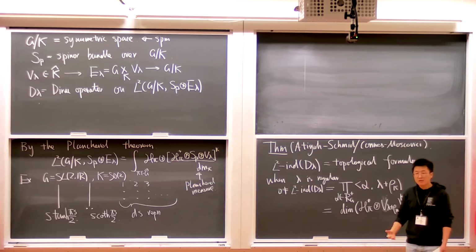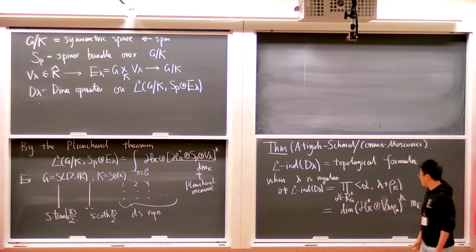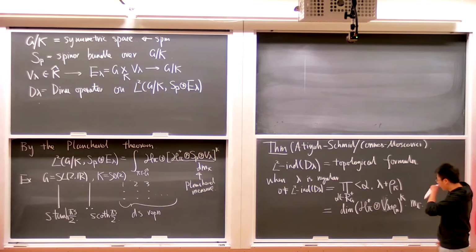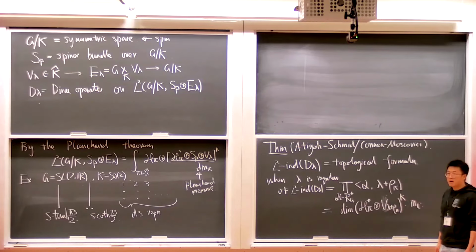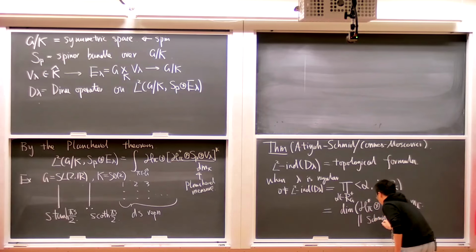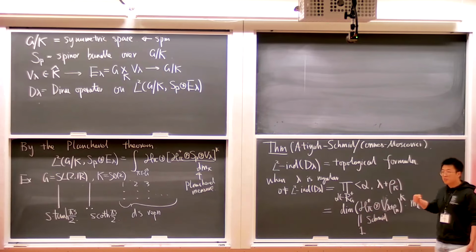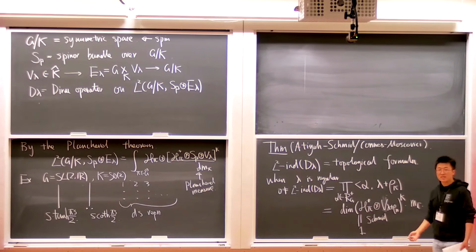Rho n is the half sum of the non-compact roots, because in this case we have compact roots and non-compact roots. So this is what they compute. Actually, by a theorem of Schmid, you can show that for discrete series, this number turns out to be 1. So if this is 1, then from Schmid or Moscovici, what does it tell you? What is the greatness about this theorem?